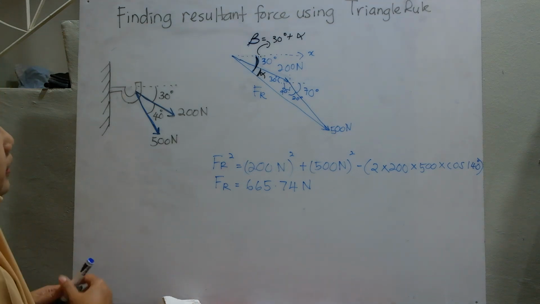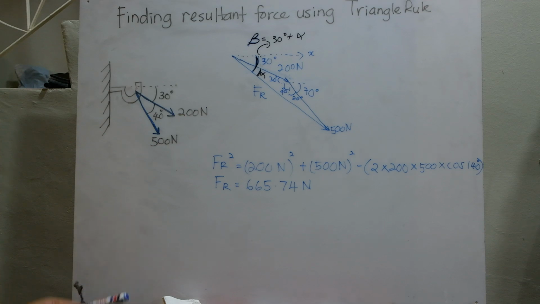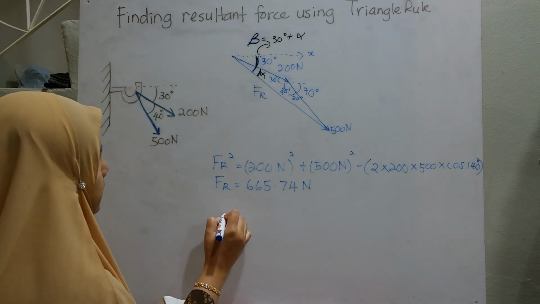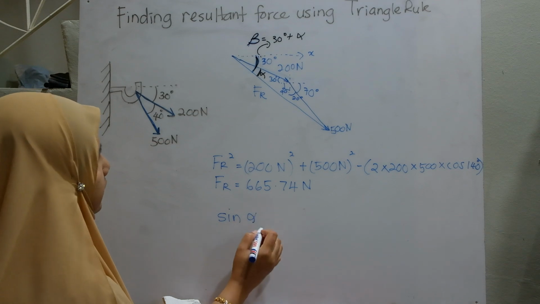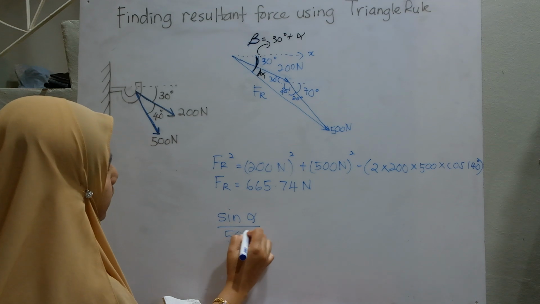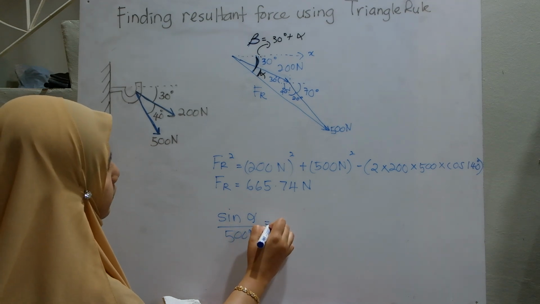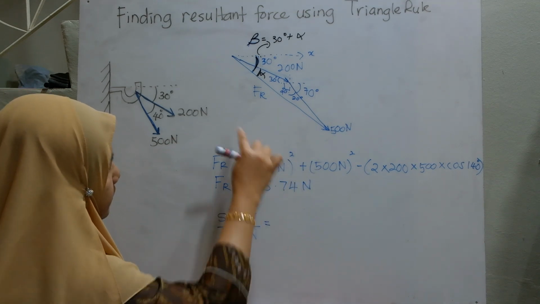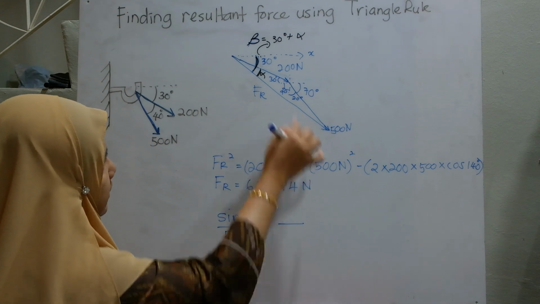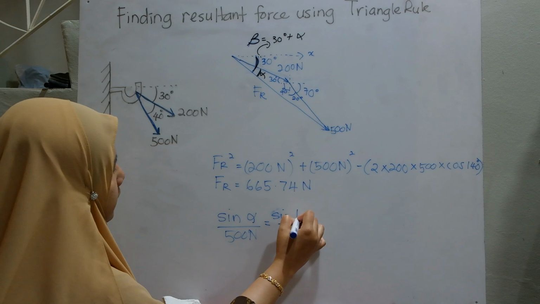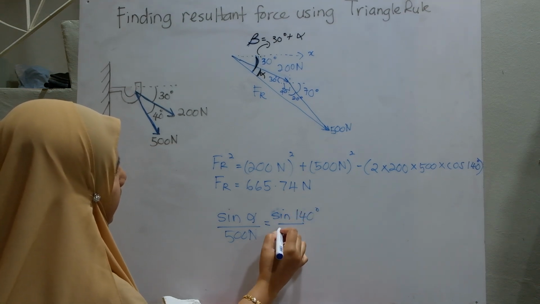To get alpha, we use the sine rule: sine alpha divided by 500 Newton is equivalent to sine 140 divided by FR.